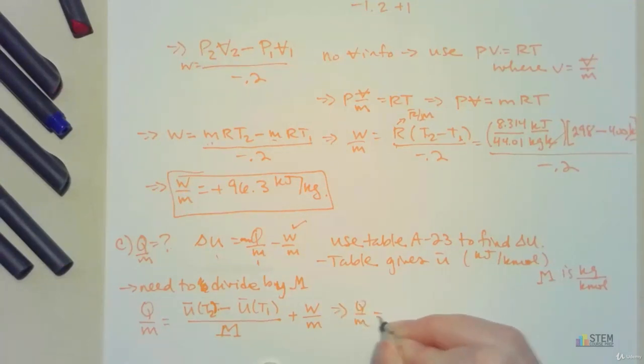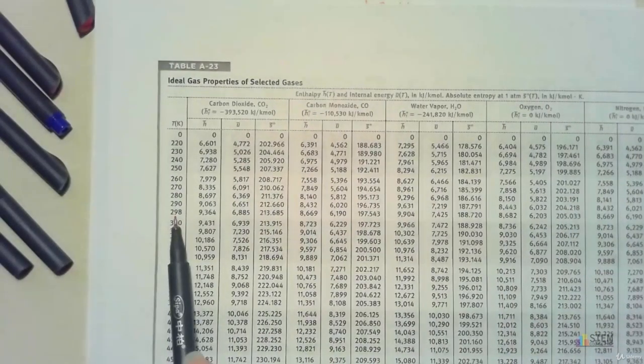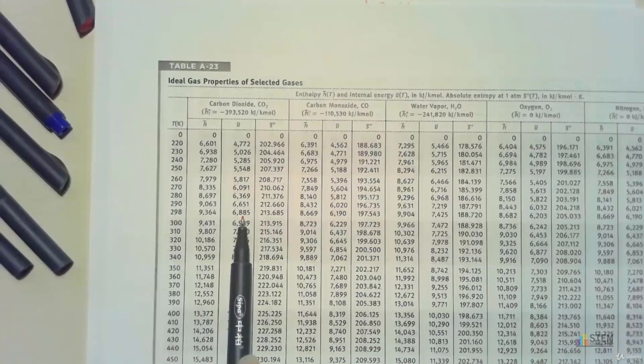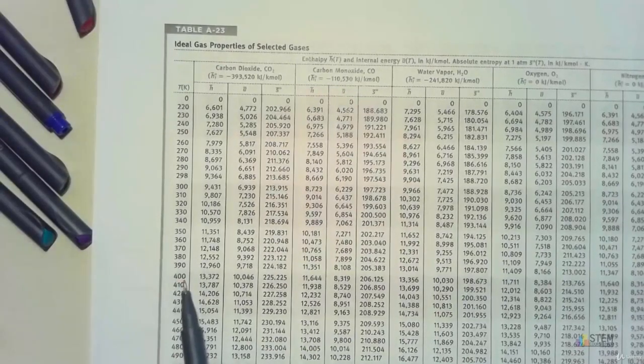We're going to get Q over M. U bar at T2 is 6885, so our temperature was 298. Here is 298, 6885. Then we subtract the U bar value at T1. T1 was 400, so you just look on this table. Only takes a second.